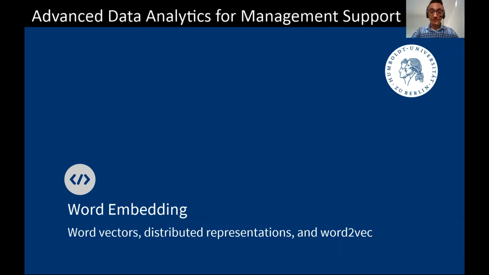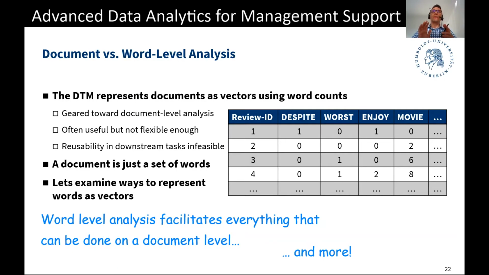So let's continue our journey and eventually in detail the word embeddings I was talking about so much in previous sessions. Since we talk about word embeddings, let me say the approaches I was introducing earlier are geared to a document level analysis.